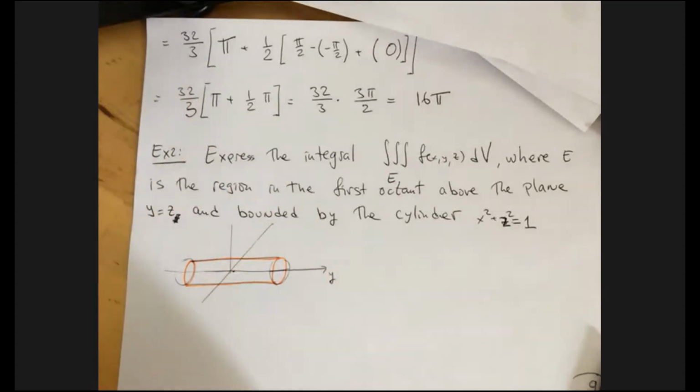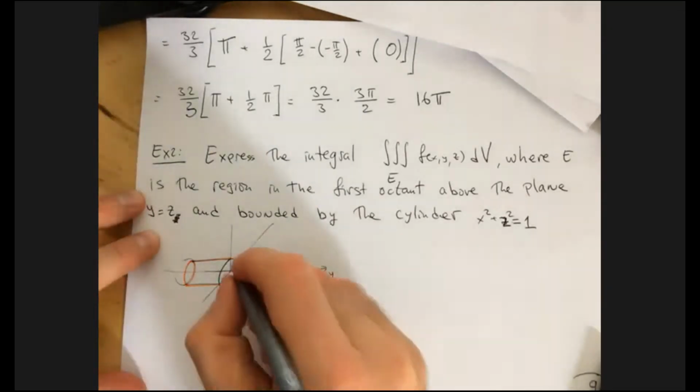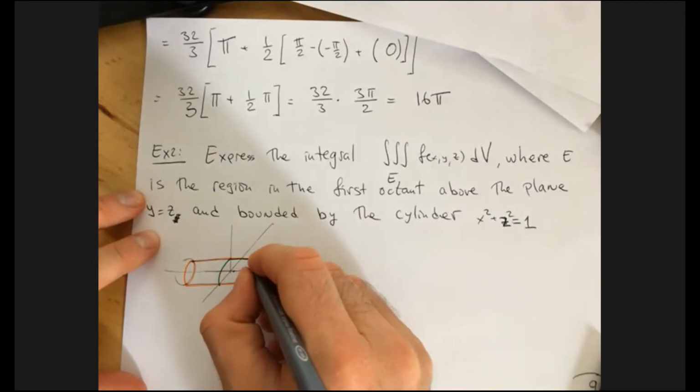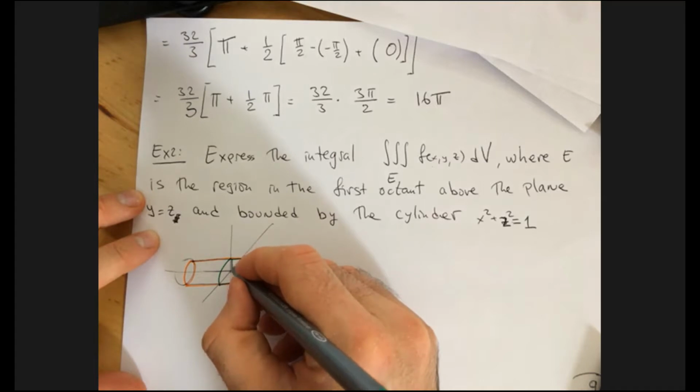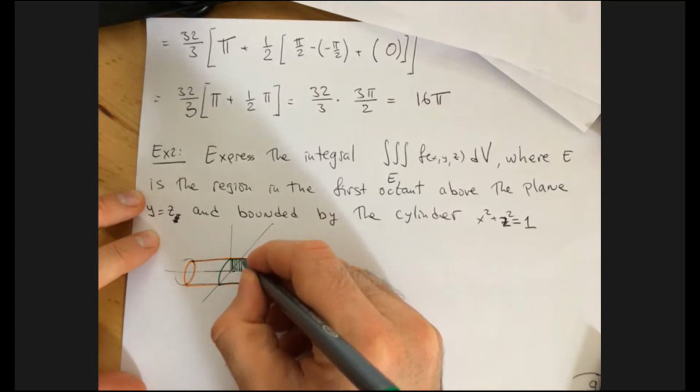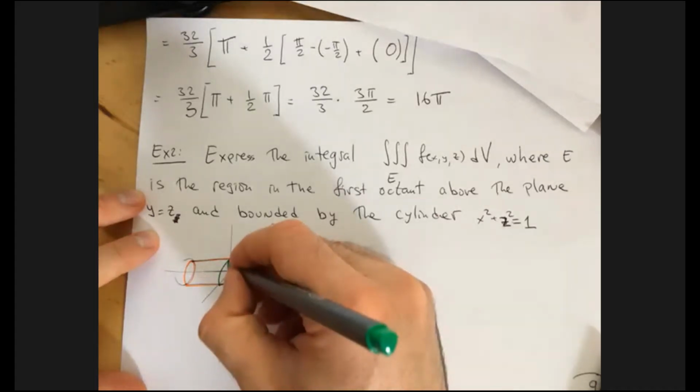And now we're doing this only in the first octant, okay? So let's do that first. So I have something like this. It's just this part right here. So it's bounded by these planes, right?